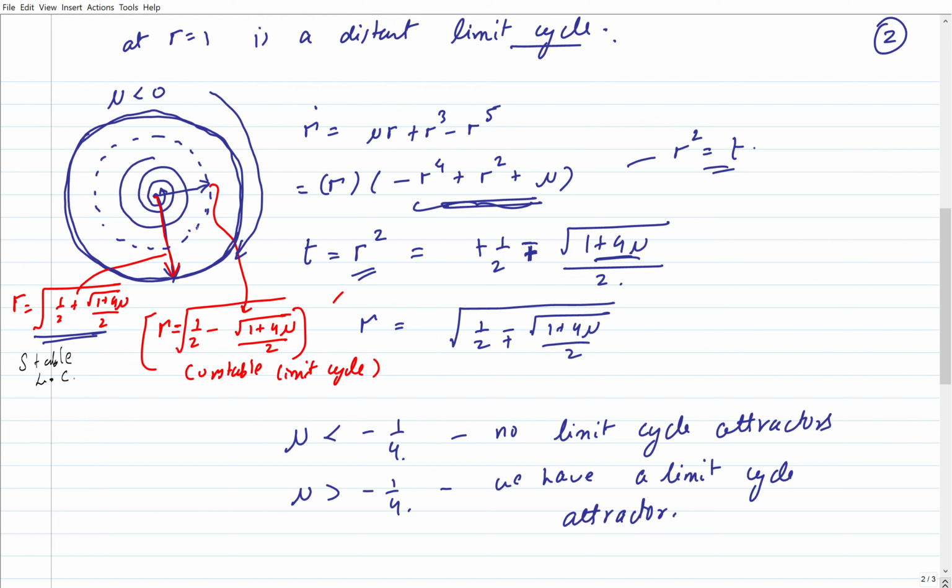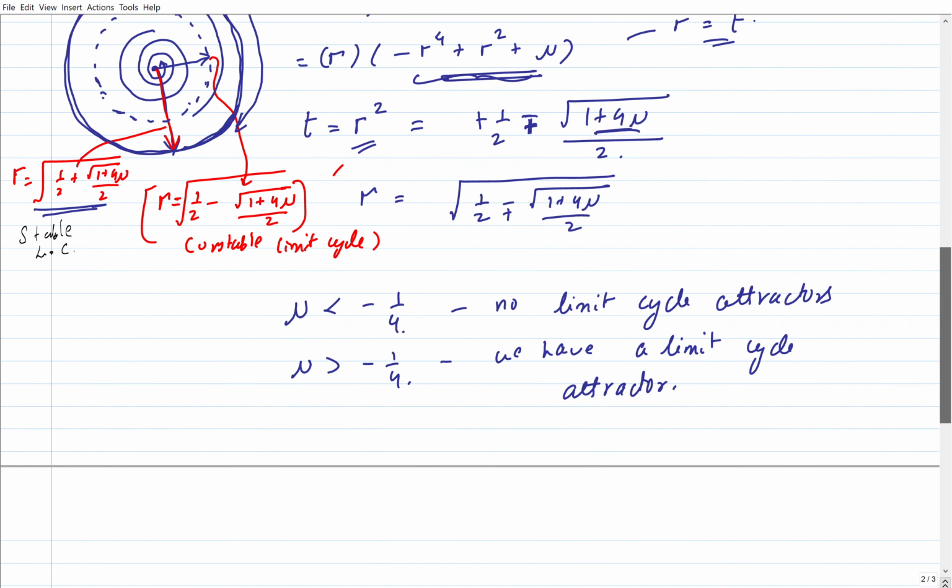Of course, trajectories also go to the fixed point. This dotted one is the unstable limit cycle. Trajectories repel away from it either to the fixed point or the stable limit cycle. That's the picture of the dynamical system for the parameter mu less than 0.